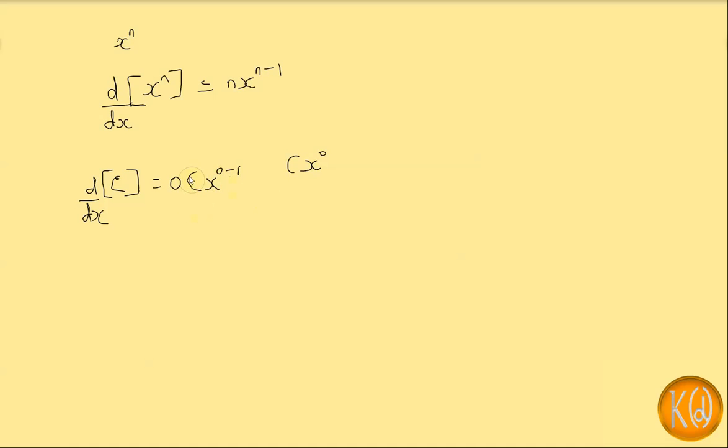Now already we can see that the result of this expression is 0, because anything times 0 is 0. Therefore when we differentiate a constant term, we get 0. So if we differentiate 1, 2, 3 straight to forever, infinity, we should get 0.